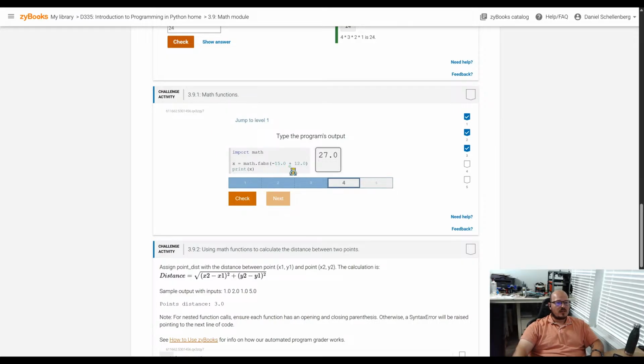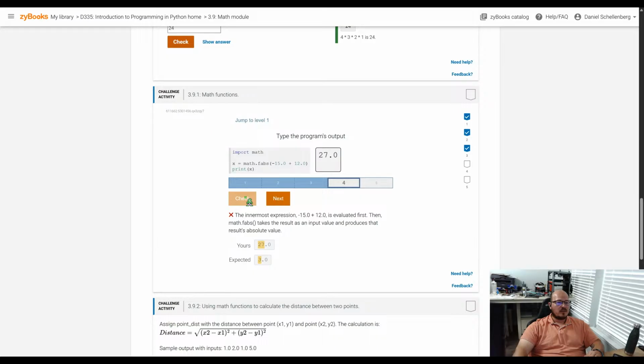So 15 plus 12, that's 27. Yeah, 27. So let's see. No? Oh, expected 3.0. Let me see. I want to figure out how I did the math wrong on that. Obviously I did it wrong, but I want to know why or how, so I can learn and figure out how to do math.